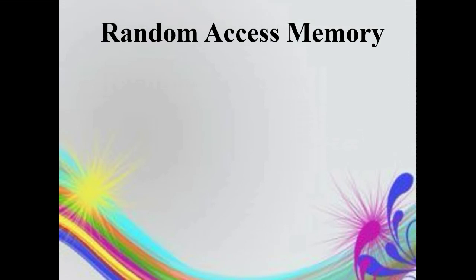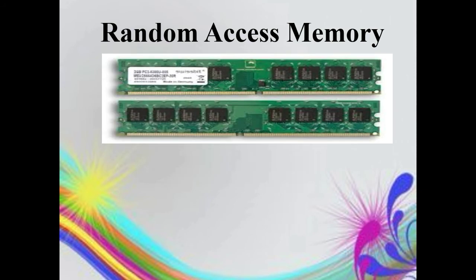Random access memory. RAM is a short-term or temporary memory used by the computer to store information temporarily while performing its operations. A higher capacity of RAM facilitates more temporary processing of data storage and therefore enables better performance.